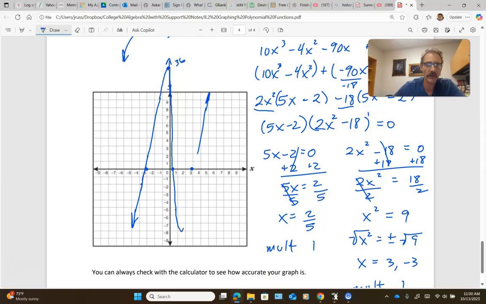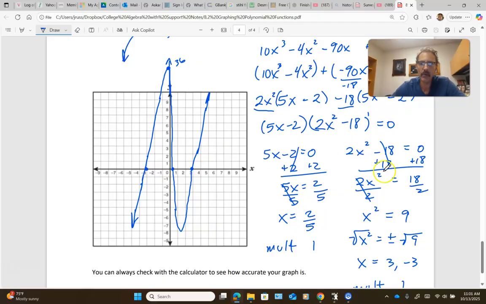I'm just going to turn it around right here, go back up, and cross at that last zero. Okay, so we're kind of drawing a sketch of this function with limited information. But that would be enough information if this question were multiple choice. You could pick out the right graph.